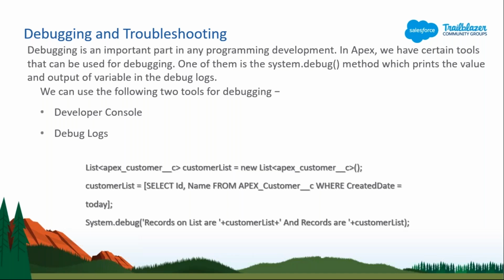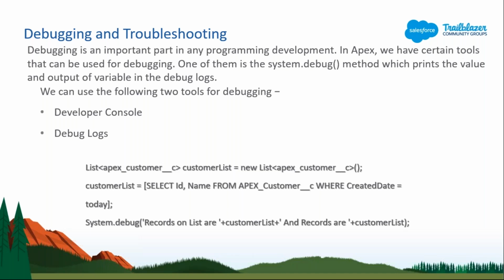Debugging is how we can print our data or debug our transaction, how it is performing and how it is displaying, so that we can troubleshoot that particular transaction and see where my action is performing.